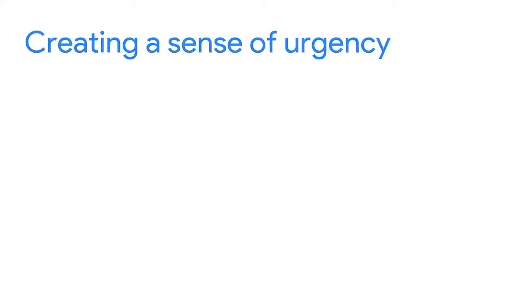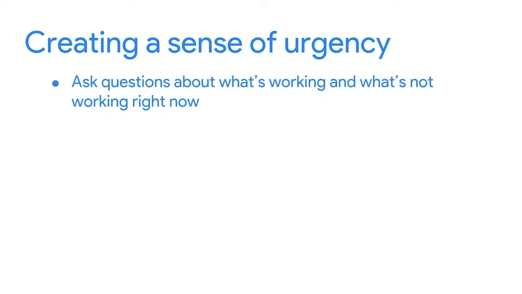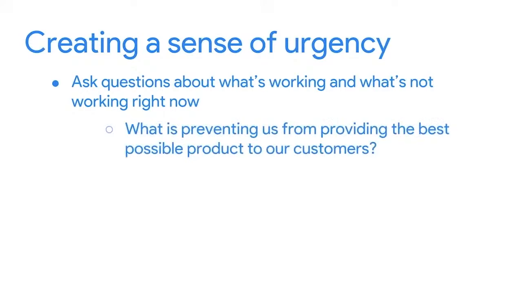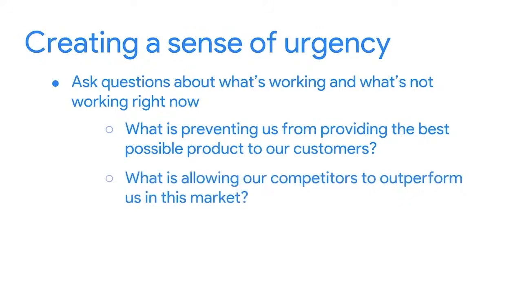What about creating a sense of urgency? My favorite approach to this is to ask the team, the organization, and the stakeholders questions about what's working and what's not working right now. Then, I ensure the changes relate directly to those opportunities. Here are some questions you could try. What is preventing us from providing the best possible product to our customers? What is allowing our competitors to outperform us in this market?